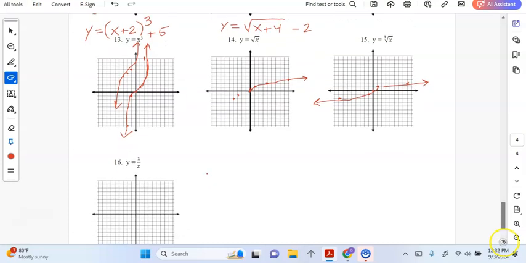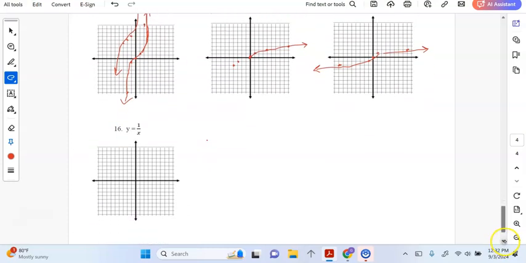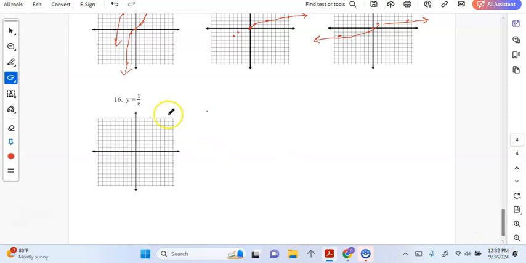Now, the oddball of the group, 1/x. What is one number that we cannot let x be? It's impossible to divide by 0, so 0 can't be an input. This one graph out of all of our parents does not go through the origin. So let's pick some other numbers that we can use and make the math easy, like 1.